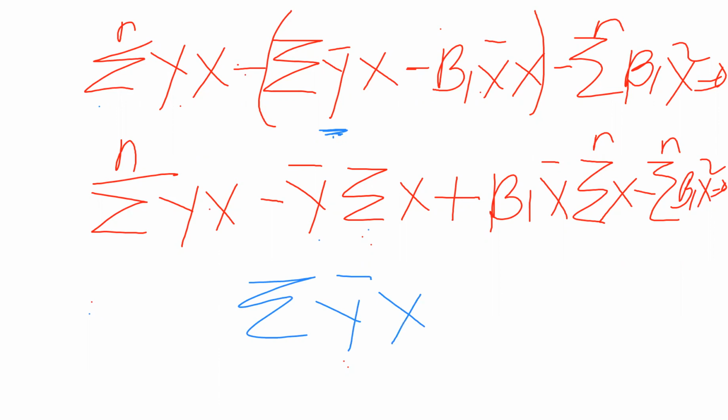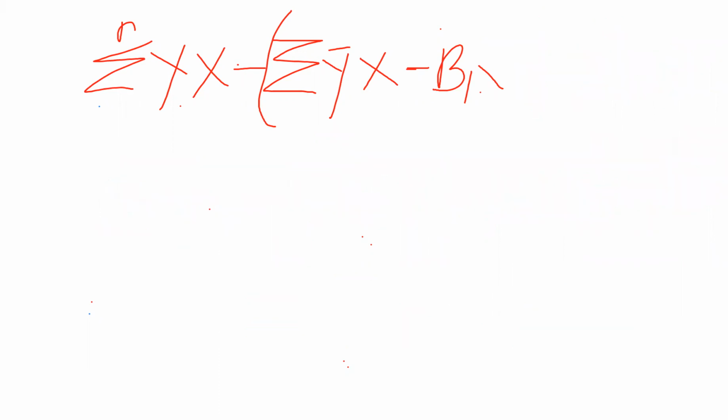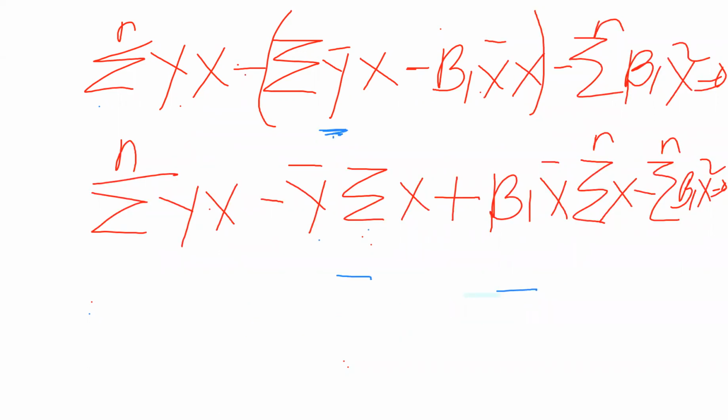This is multiplication; under multiplication we can exchange the numbers in any order and still get the same answer. So it's the same as y bar, the summation of x, right? That's what is happening, and similarly here. There is a summation symbol and you are summing up just like that.